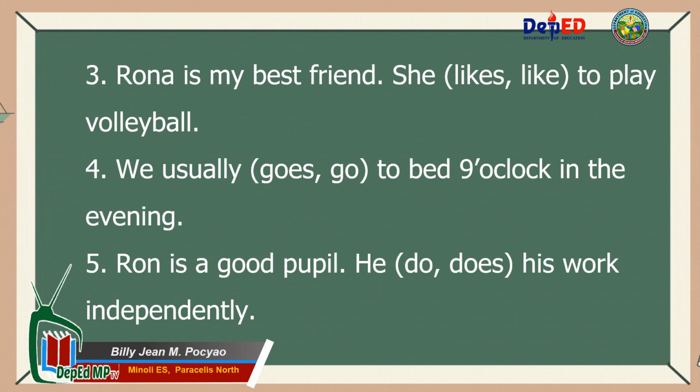Number 3. Rona is my best friend. She likes to play volleyball. The correct verb is likes. Number 4. We usually go to bed 9 o'clock in the evening.